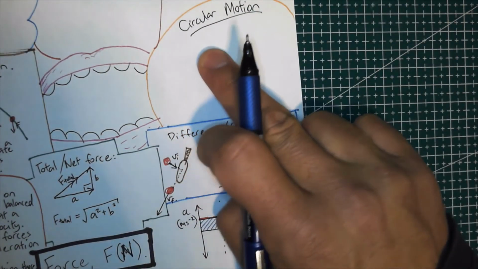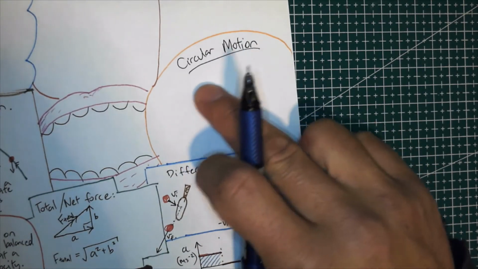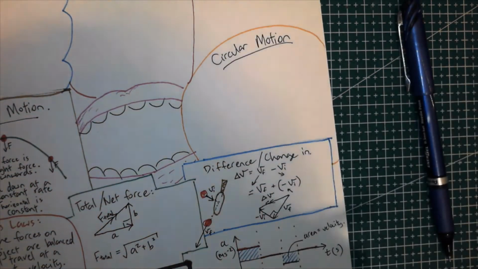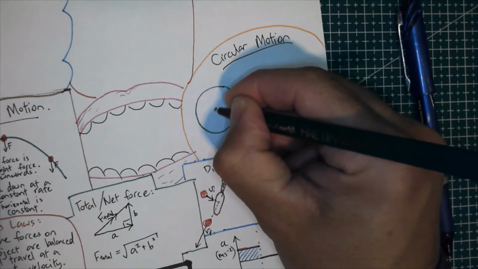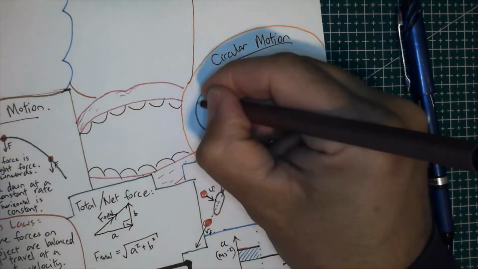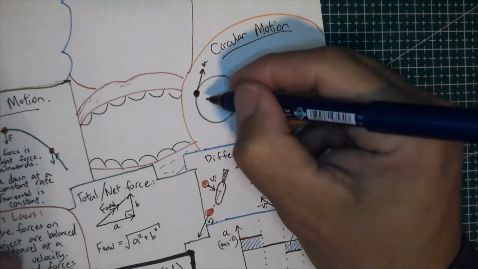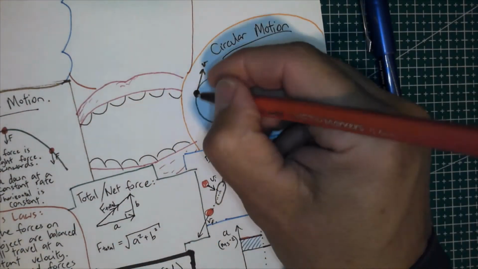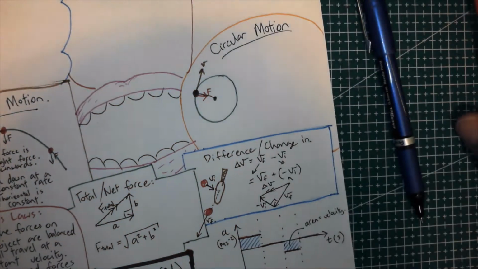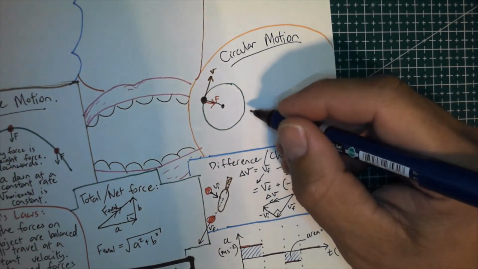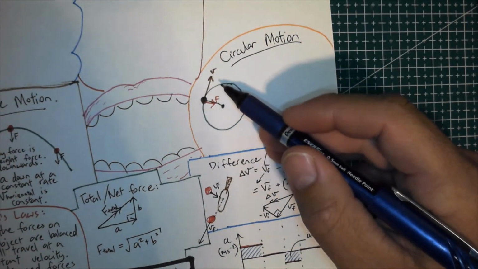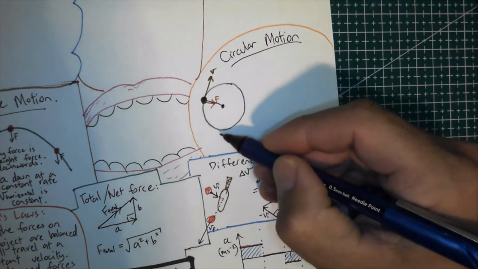The other type of motion we need to consider at level 2 is circular motion. In circular motion, that's when an object is travelling in a circle.